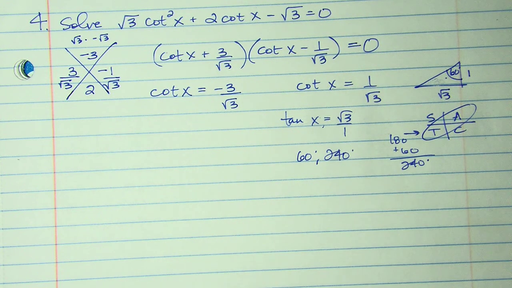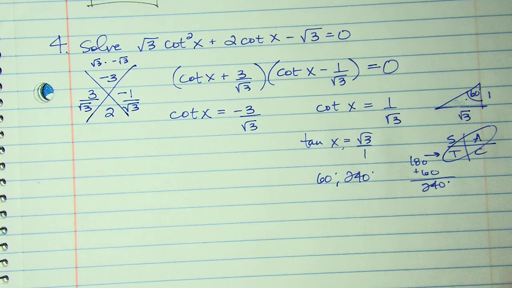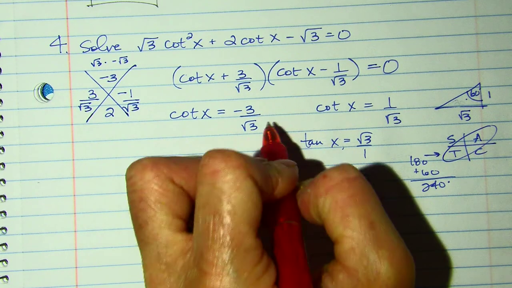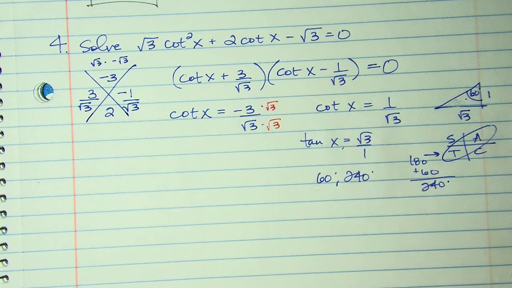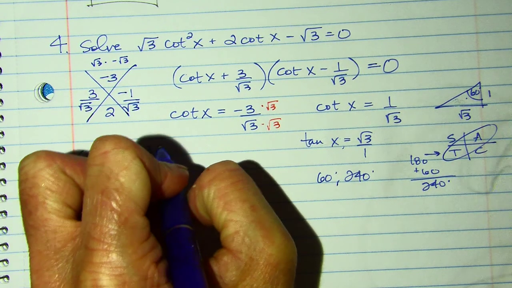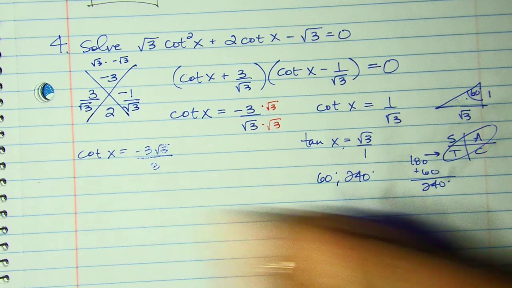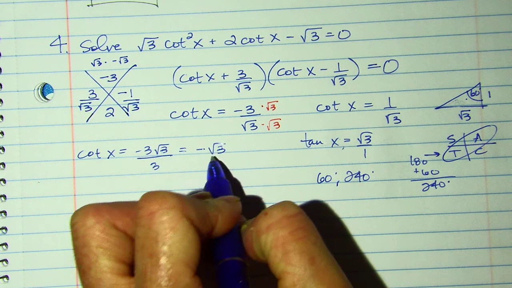All right, for the other, I have a negative 3 over root 3. Now, this one's a little complicated. In order for me to figure out what angle this came from perfectly, I'm going to rationalize it. And so that gives me the cotangent of x equals negative 3 root 3 over 3, which equals negative root 3 over an invisible 1.